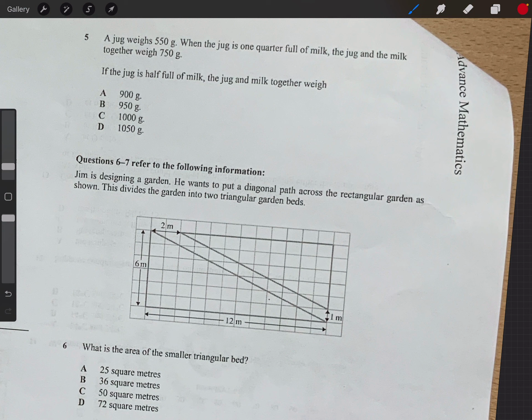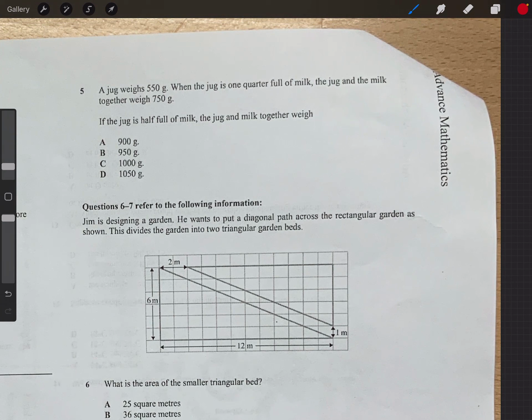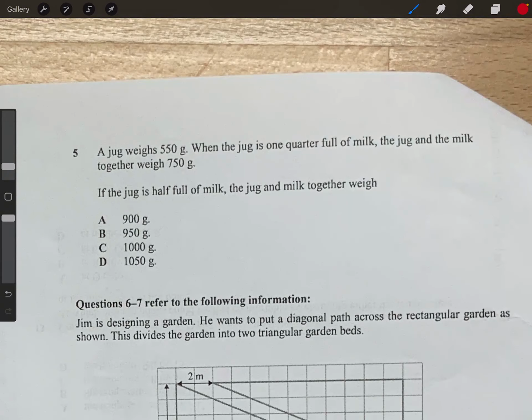When the jug is 1/4 full of milk, the jug and the milk together weigh 750 grams. Okay, let me think about this one. The jug weighs 550 grams.